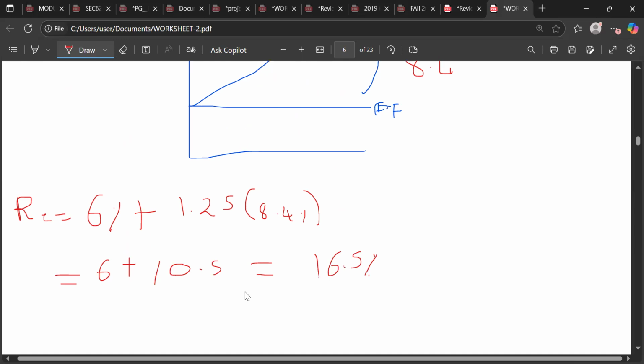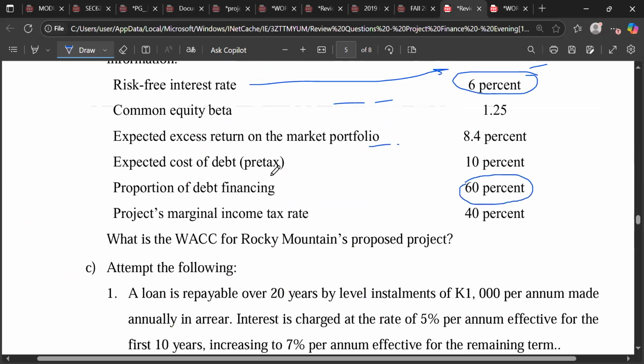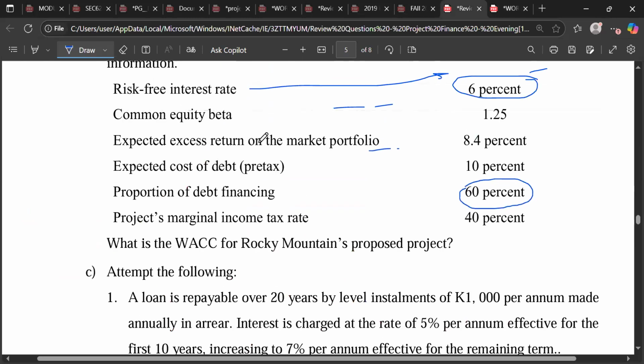Are we okay here? Okay, so maybe where I just want clarity is on the market premium. Since they didn't give us a premium, we take it that the market portfolio is the one we're supposed to put there without subtracting the risk-free rate. Yes, you are told it's the excess return on the market portfolio.